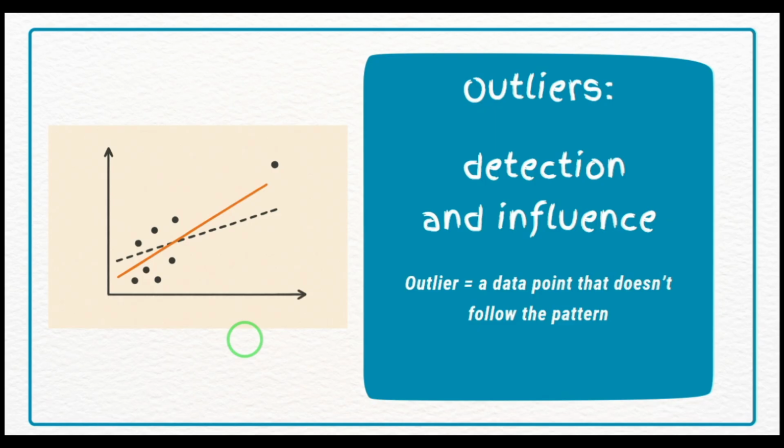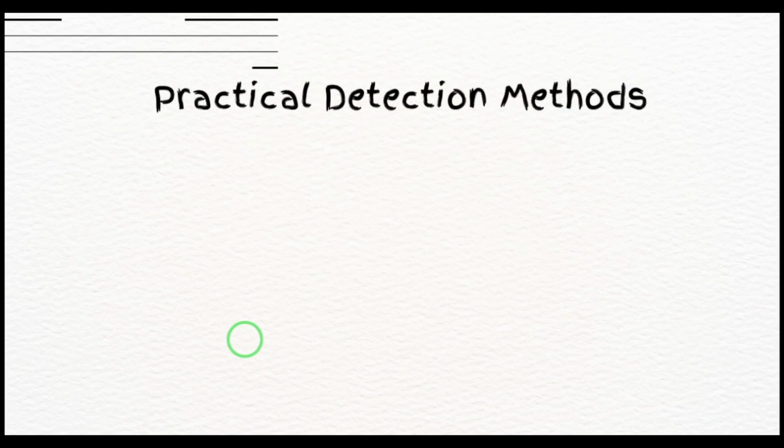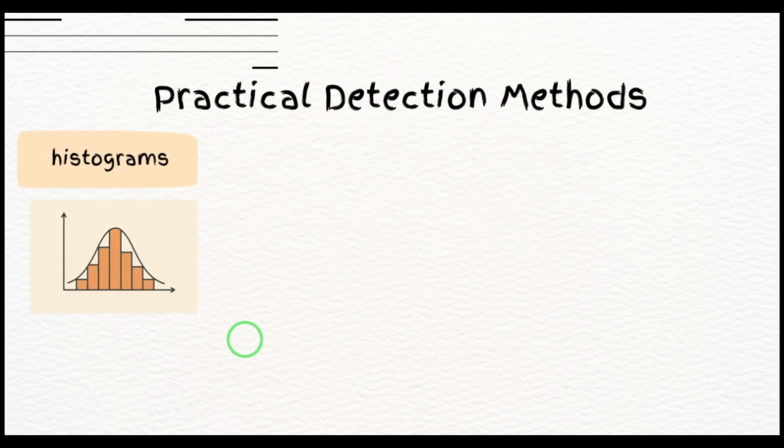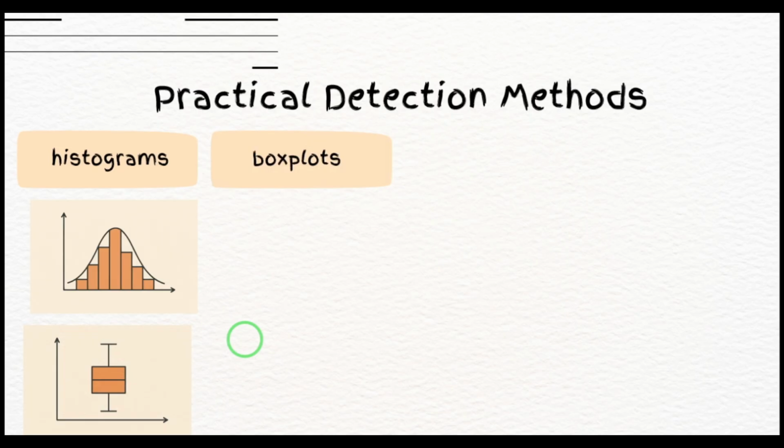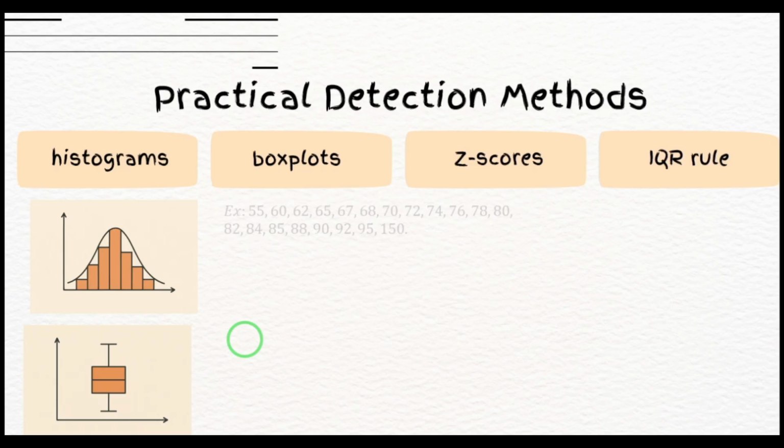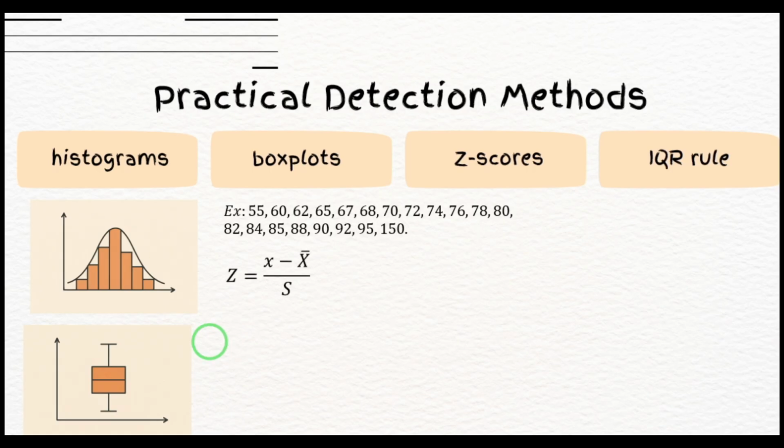So now let's see, how do we find them and how do we decide what to do? Start simple. Histograms and box plots often reveal outliers quickly. For numeric cutoffs, z-scores or the IQR rule can help you find outliers. For example, we have this dataset, and a z-score tells you how many standard deviations a value is far from the mean.